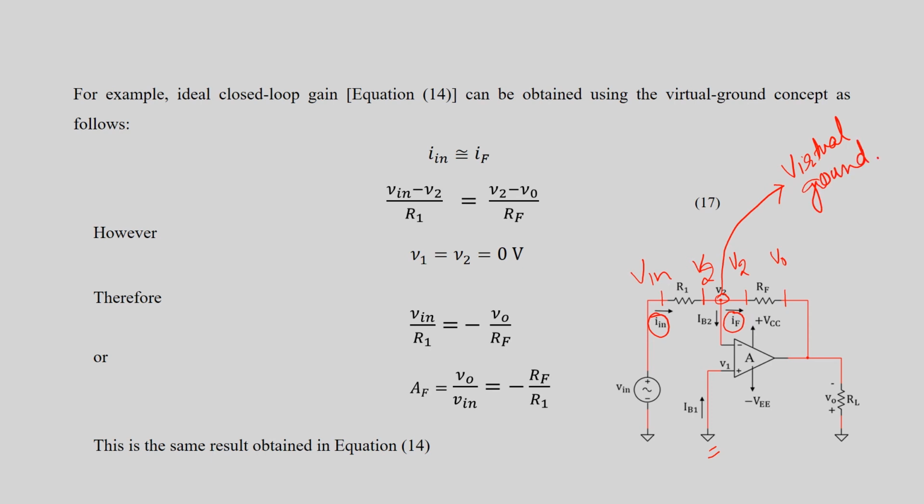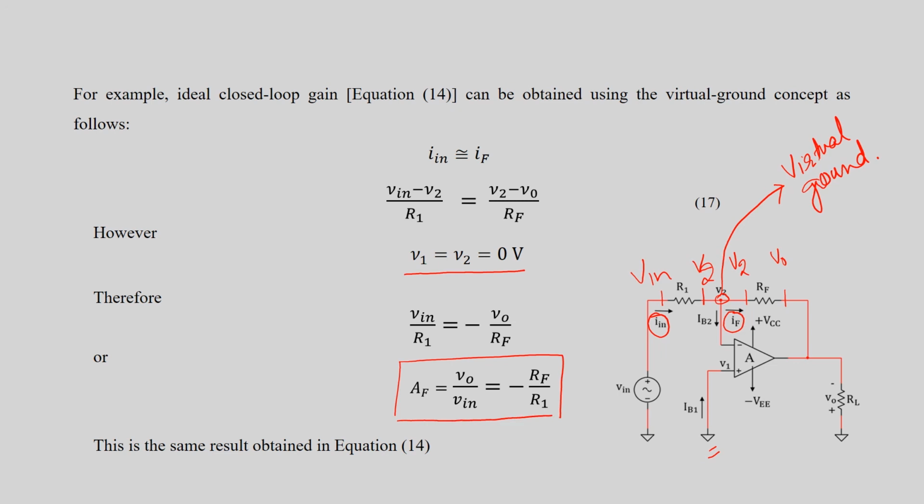So from here we can write V1 is equal to V2 equal to 0 volt, and the V2 point is called the virtual ground point. So putting V2 equal to 0, we get Vin by R1 is equal to minus VO by RF. From here we get AF is equal to VO by Vin, which is equal to minus RF by R1.